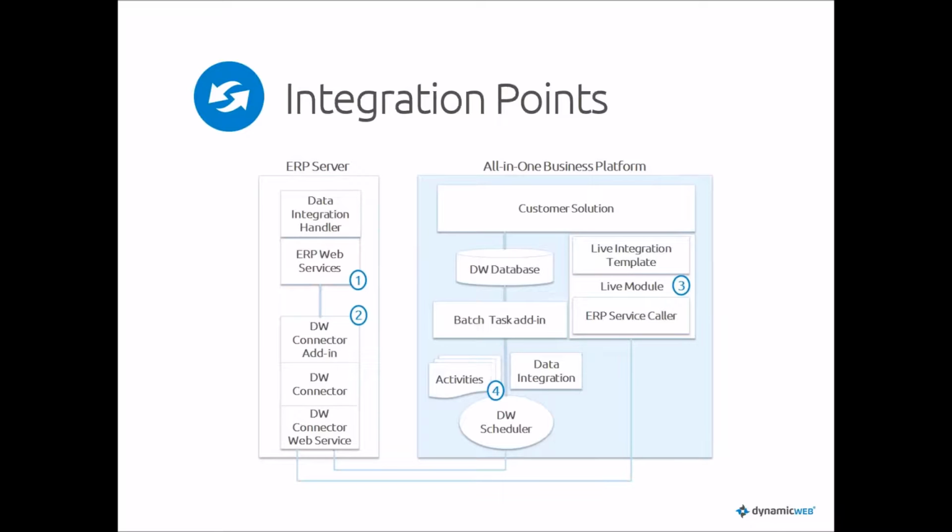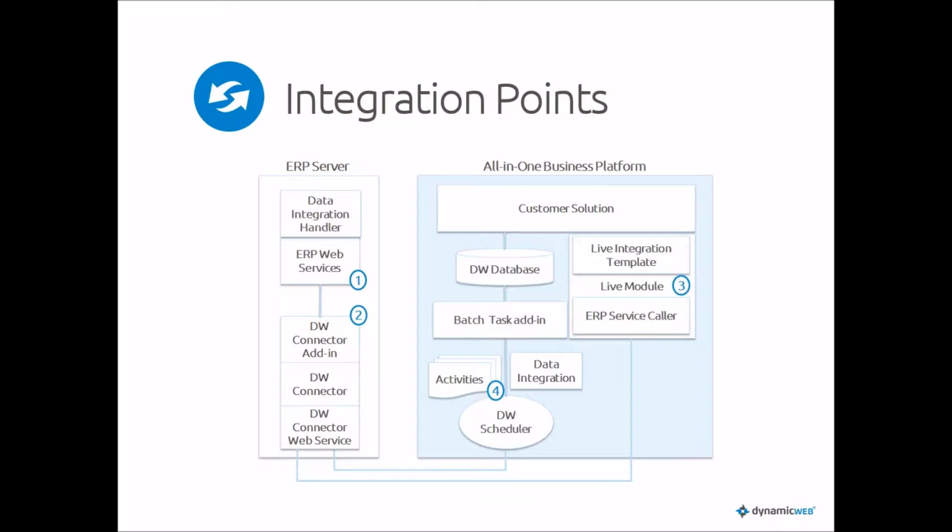The integration framework supports a number of integration points that you can adjust to your own needs. On the ERP side, these points are within the ERP system itself. That is number one here on the presentation. Or it's on the connector part, and that's the small Windows service that facilitates the communication between Dynamicweb and the back office system.